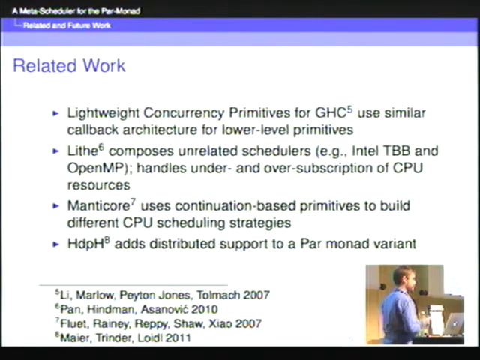Lithe is a system that addresses the problem of resource contention when schedulers are composed by having a runtime notion of what a CPU is, for example, so that 2 instances of threading libraries don't compete for the same CPU. Manticore implements a number of CPU scheduling algorithms with, again, concurrency-based primitives. And as I mentioned, HDPH is fine work in the distributed setting.